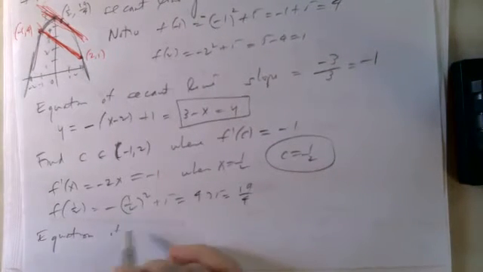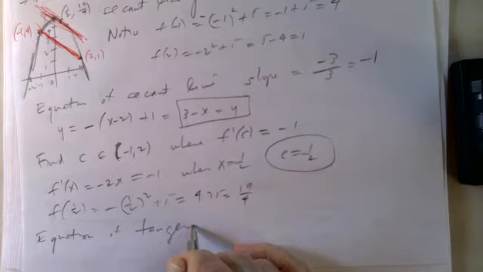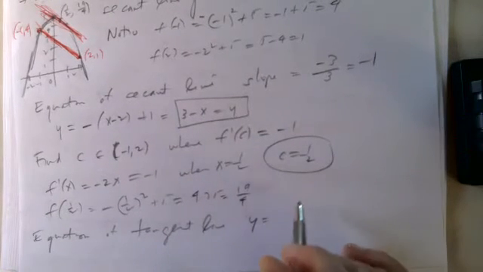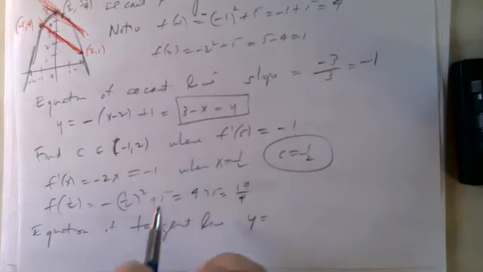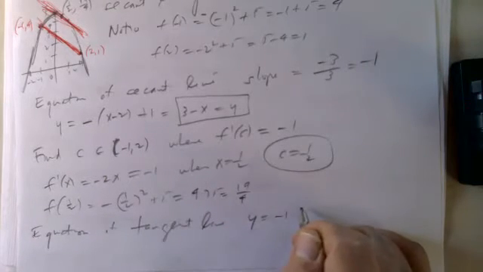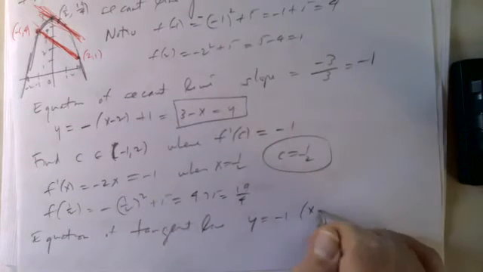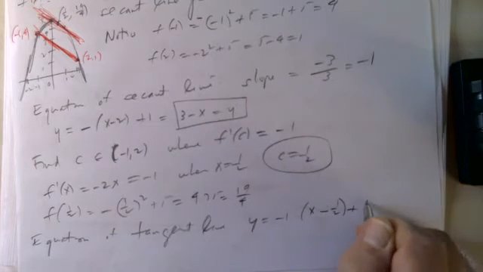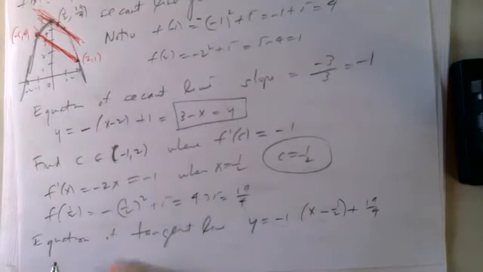So the equation of the tangent line is y equals the slope. Slope is minus 1, times x minus 1/2, plus 19/4.